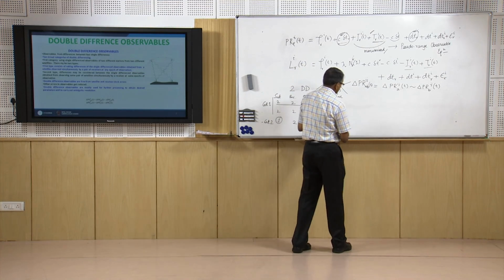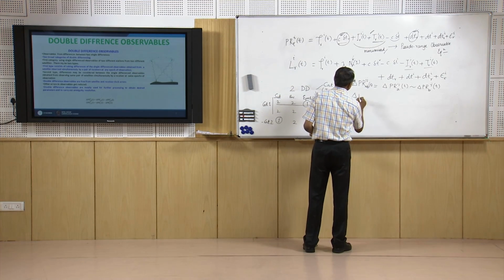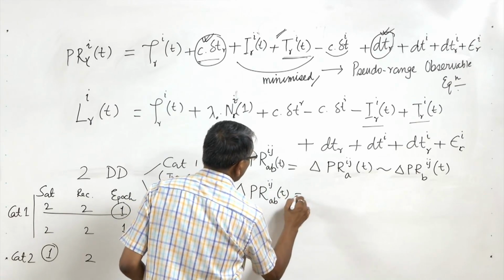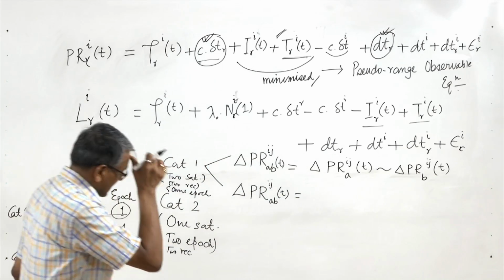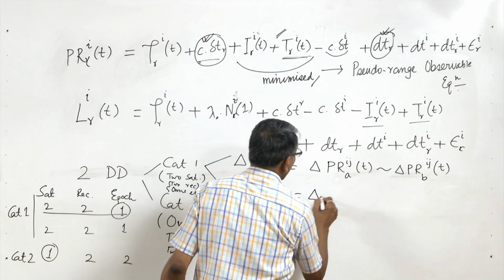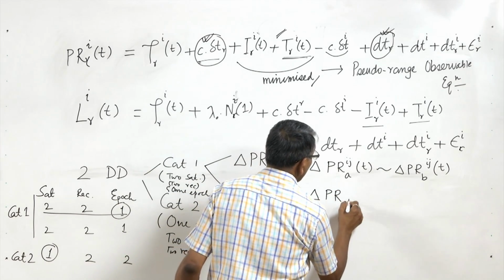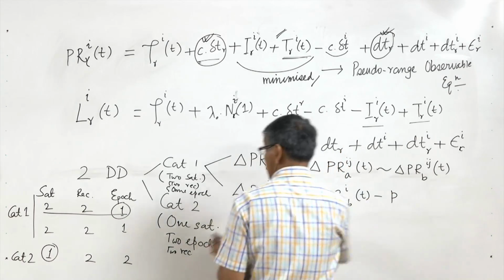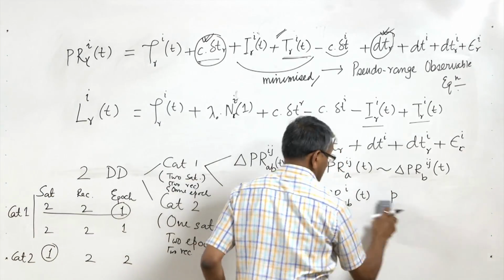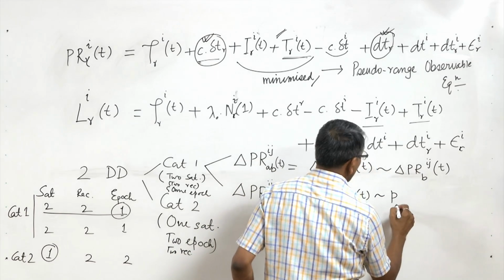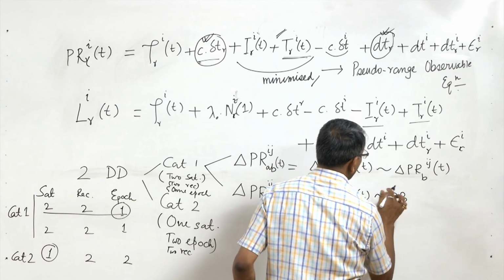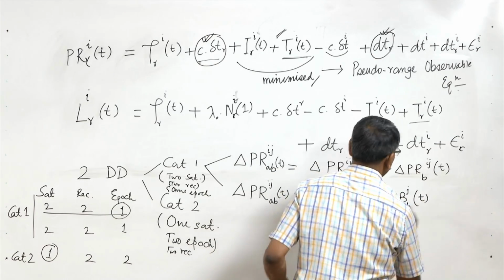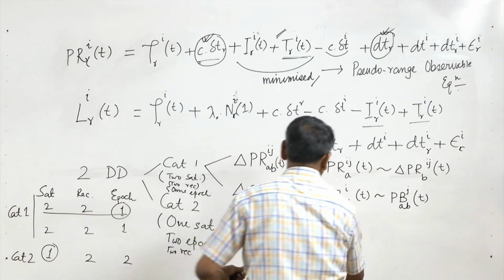Now, another variety is also written as pseudo range, with a different subscript.